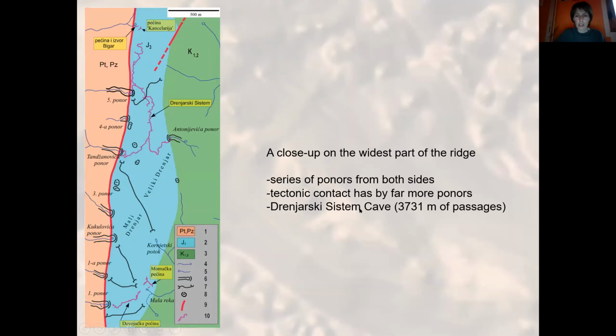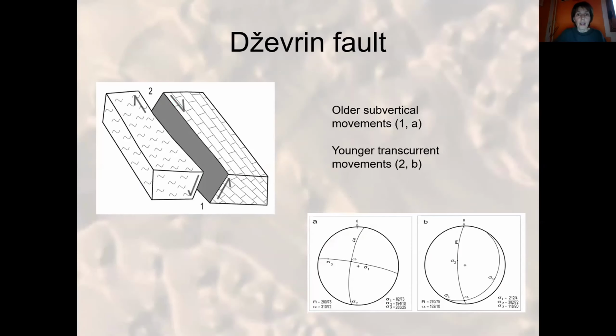This is the larger cave, a bit less than 4 kilometers. It's under survey still. And here we can explain what is the most important for this subject. It's the movement pattern of the Jevrin fault.